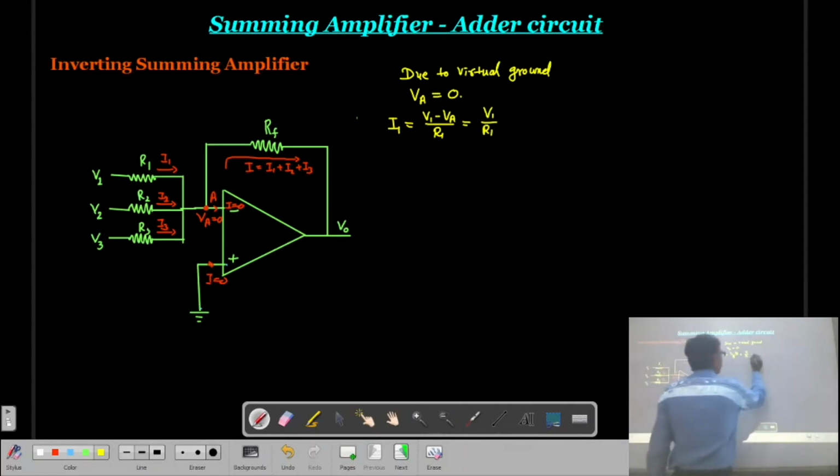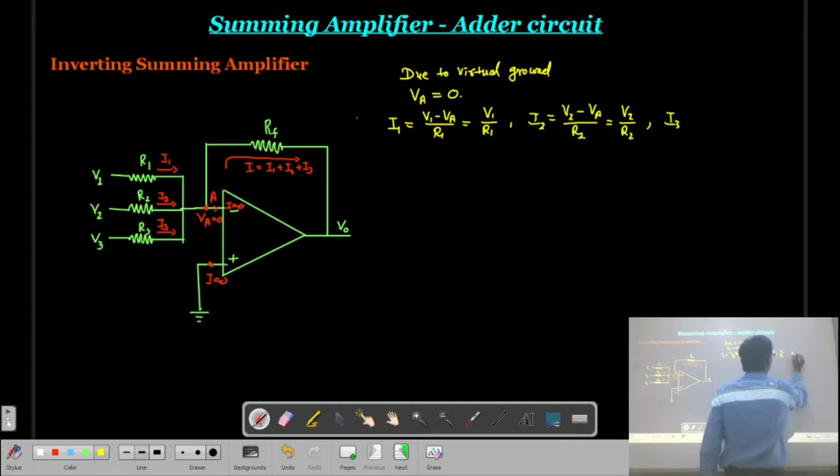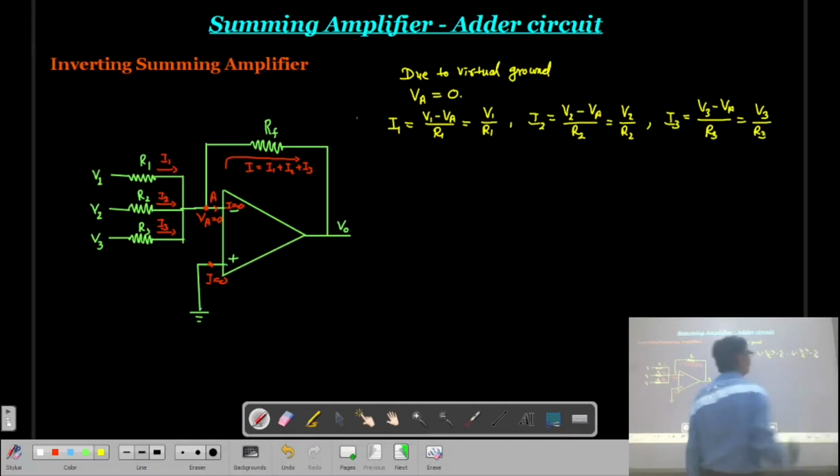In the same way, I2 is equal to (V2 minus VA) divided by R2, which is V2 by R2. And in the same way, I3 is equal to (V3 minus VA) by R3, so this is V3 by R3.